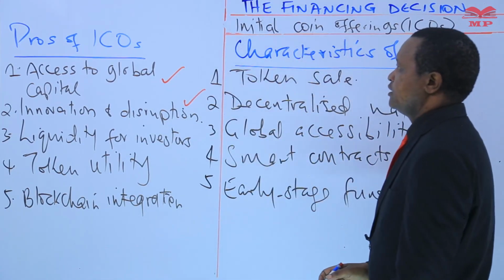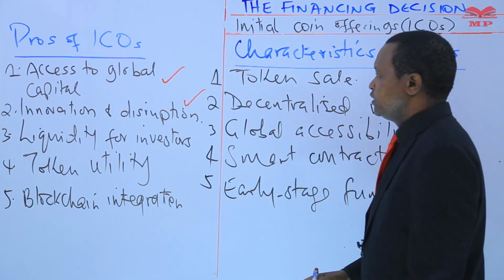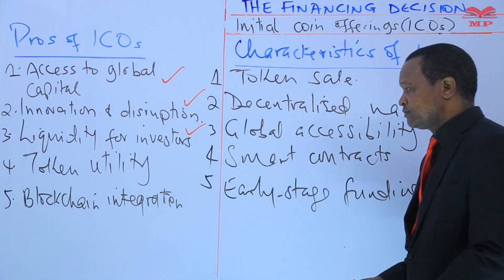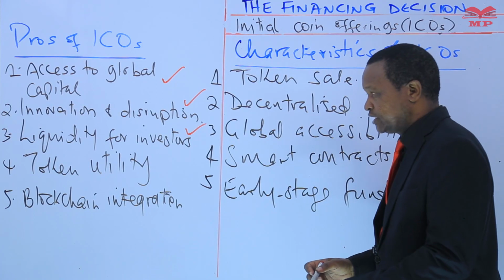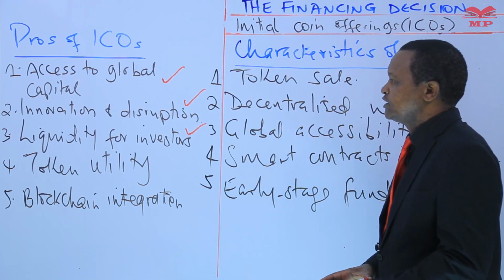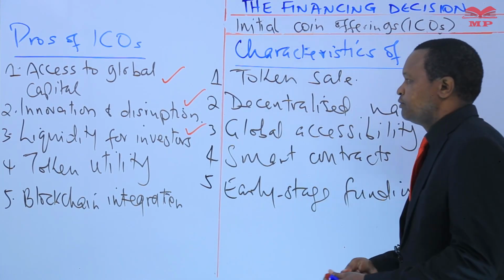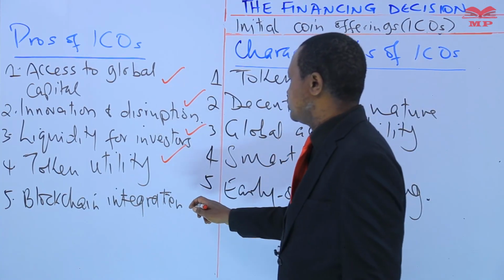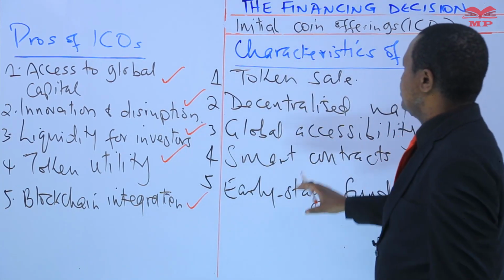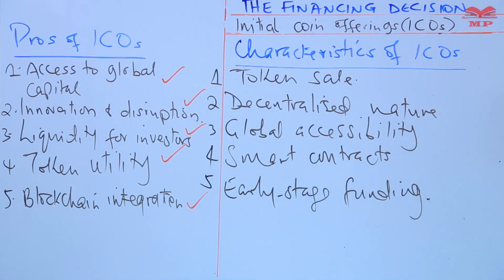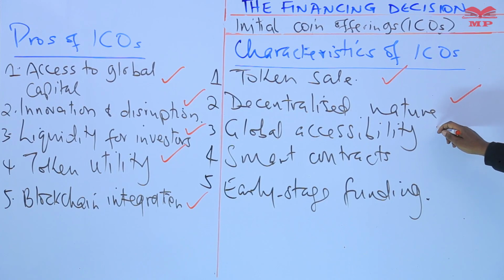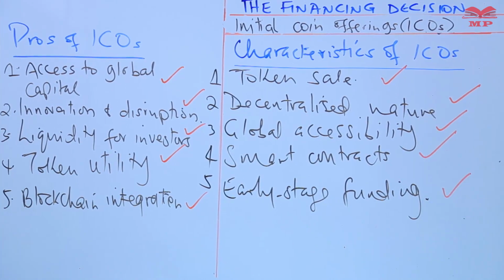There is liquidity for investors. We saw that investors can sell their tokens on cryptocurrency exchanges. Number 4, token utility. Then lastly, blockchain integration. We have 5 characteristics of ICOs: token sale, decentralized nature, global accessibility, smart contracts, early stage funding.